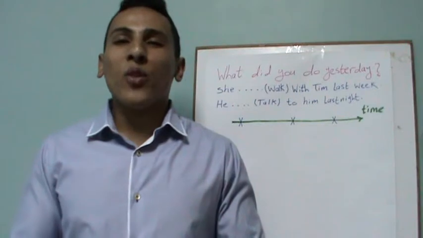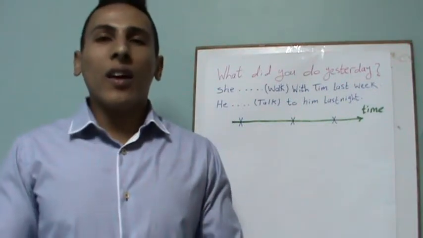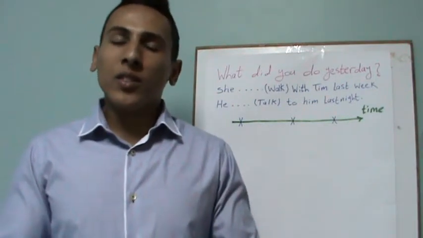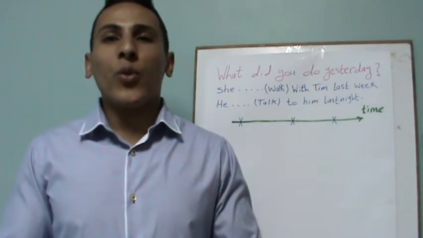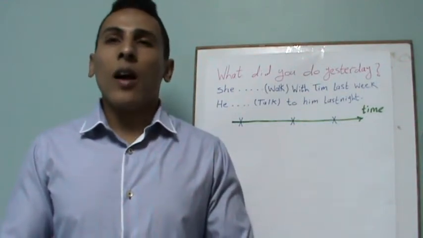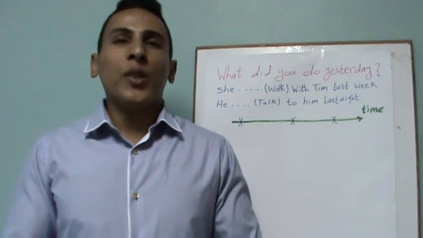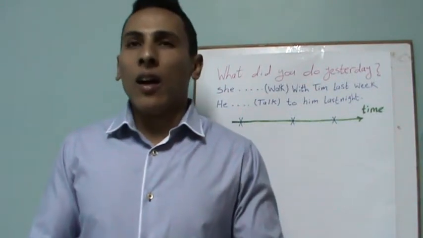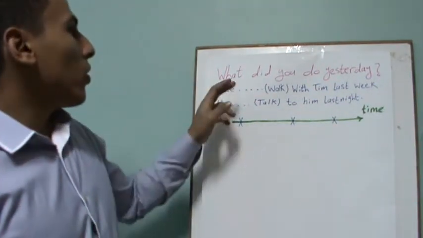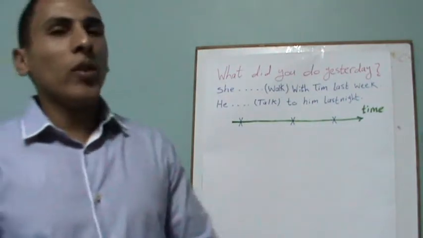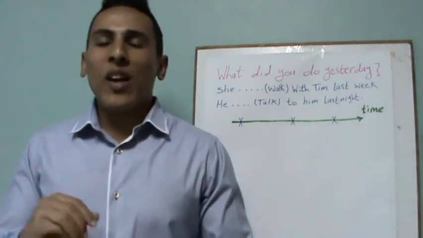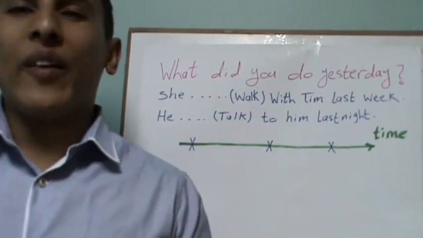In the second part of our lesson, we will discuss past simple tense. We discussed it before in a previous lesson, and today we will complete it. We will start with this question: what did you do yesterday? Please raise your hand and answer the question. Okay, great.